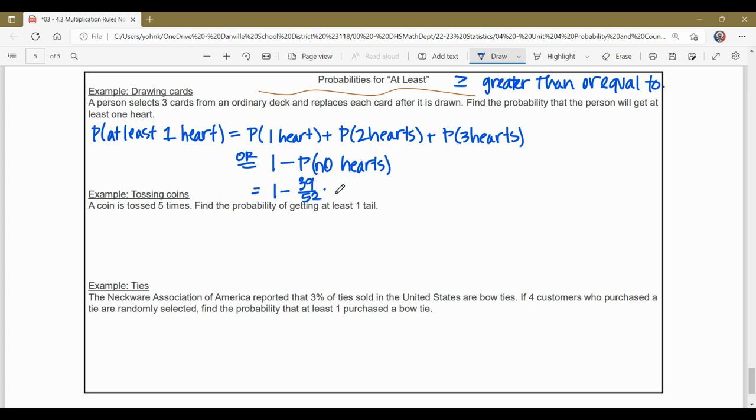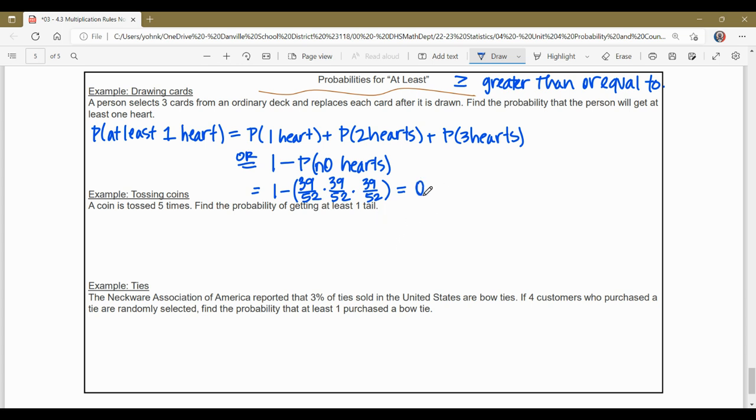Since I'm putting that card in, the probability that the next one is not a heart is 39 over 52. And since I put it back in, the probability that the next one is not a heart is 39 out of 52. So basically, I just have to do this calculation, and it is way shorter to subtract away no hearts than it is to add up all the probabilities for 1, 2, and 3.